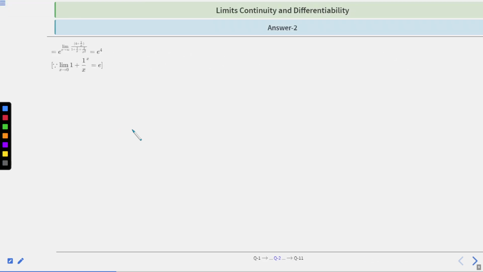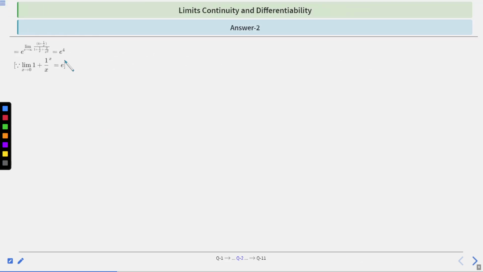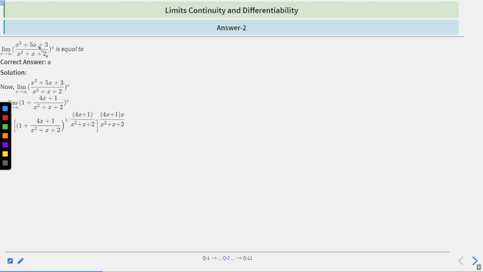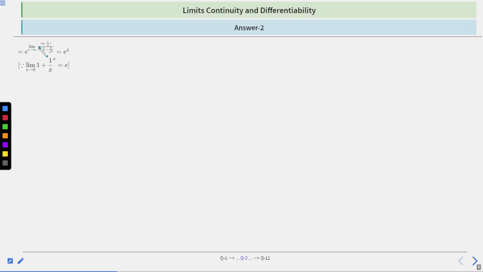So further it is 1 to the power infinity form, which can be written as e to the power limit x tending to infinity (4 plus 1 by x), we have taken x as common, right? Upon (1 plus 1 by x plus 2 by x square), right?